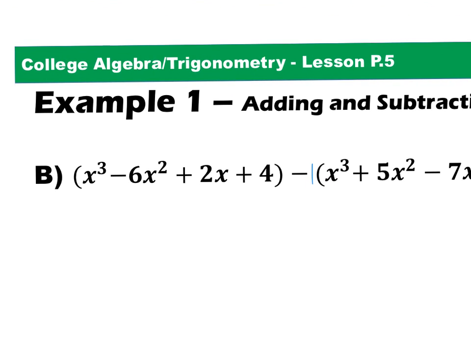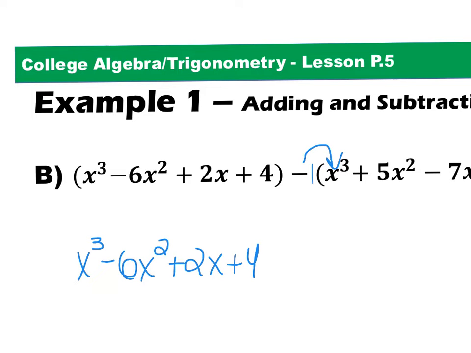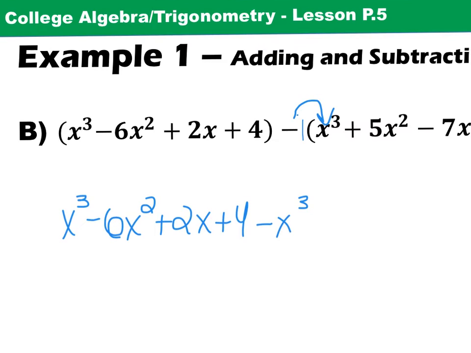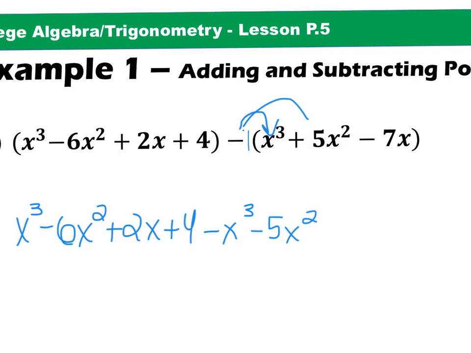So I'm going to rewrite the first parenthesis: x cubed minus 6x squared plus 2x plus 4. Now I have negative 1 times x cubed gives me what? Negative x cubed. Great. Negative 1 times positive 5x squared. Good. Negative 5x squared.